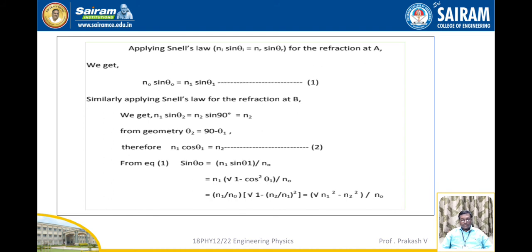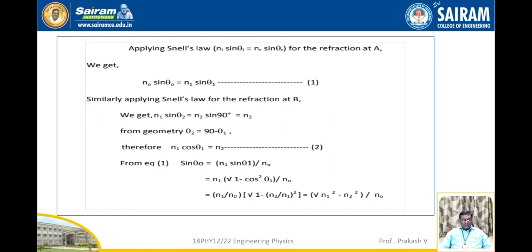Sin 90 is equal to 1, so it becomes N2. Theta 2 can be written as 90 minus theta 1 as per the geometry. Therefore, we can write N1 cos theta 1 is equal to N2. That is considered as equation number 2.